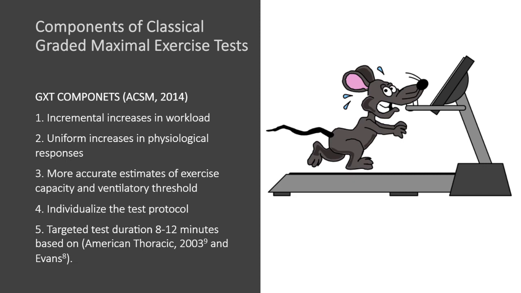And that's because the relationship between VO2 max and workload is best captured in that time frame. Under 8 minutes, that relationship loses its effectiveness, and at a test that lasts longer than 12 minutes, they're severely impacted by things like muscle fatigue, and the test loses the strong relationship between VO2 max, workload, and then subsequent predictions about mortality rates and fitness.